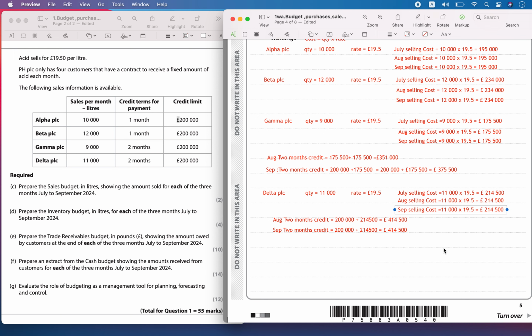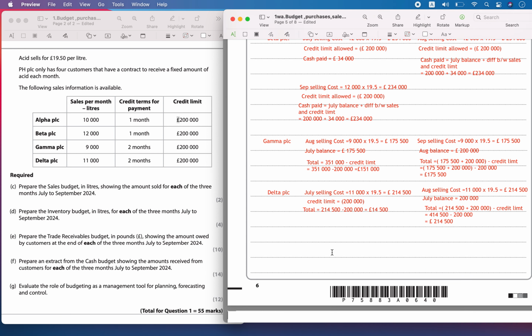Now let's see for the month of September. For the month of September, Delta PLC is going to pay this much amount, and the August balance was equal to 200,000. So what is the cash that needs to be paid? The cash that needs to be settled will be equal to 214,500 plus 200,000 minus the credit limit.